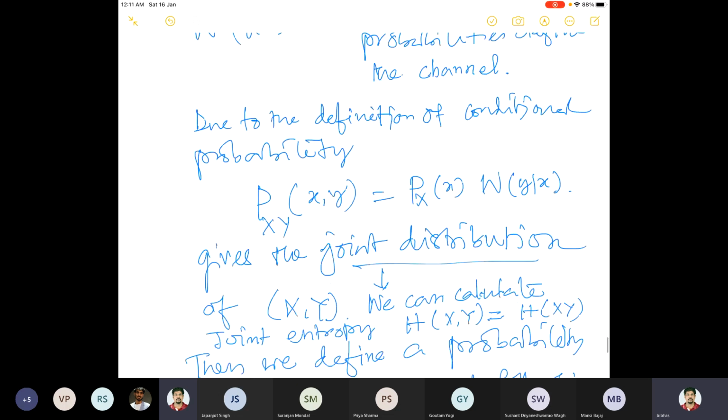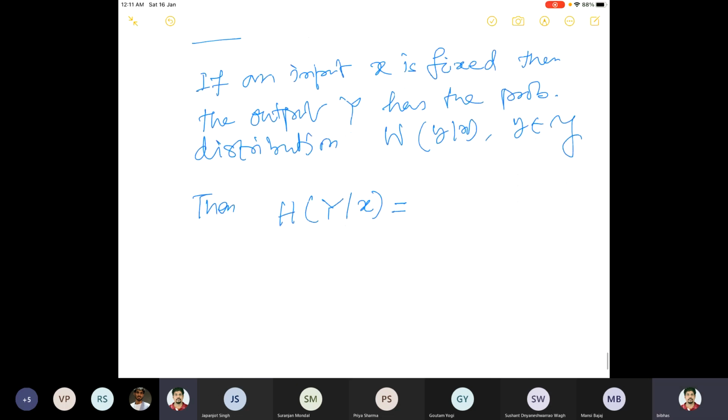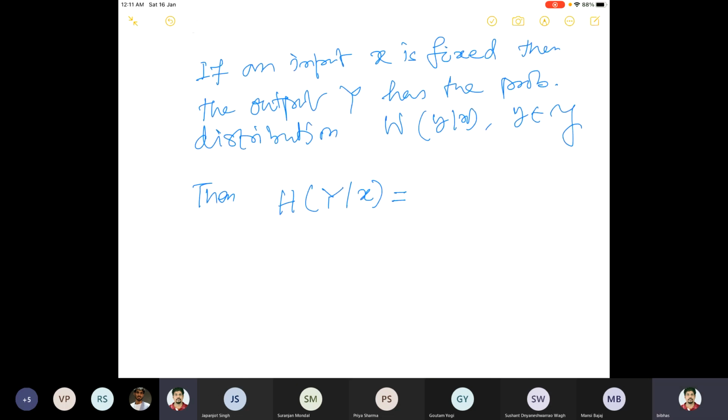So what will this be? This will be just the definition of entropy: the sum over y of the probability W(y given x), and then of course the log of W(y given x).